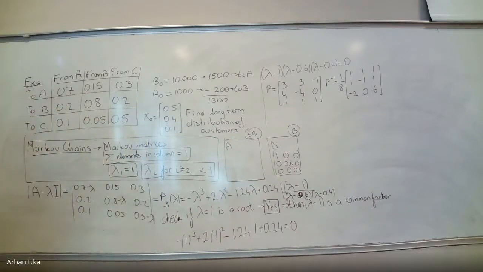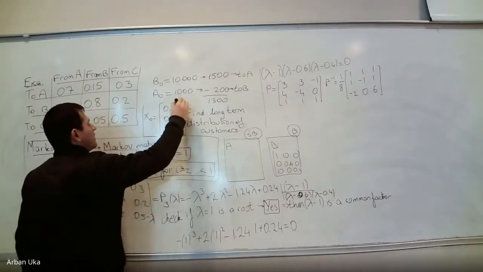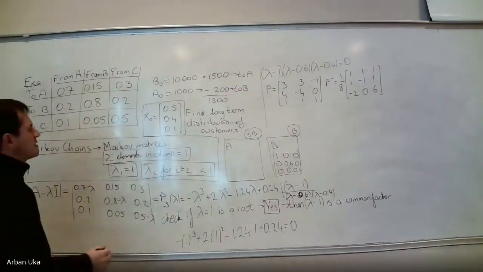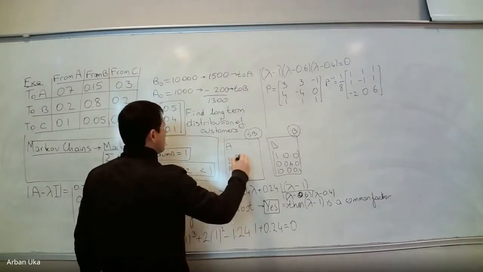And then the next question is trying to see how these customers move from one counter to the other. And since we know the initial condition, which is 0.5, 0.4, and 0.1, which is here, a very smart move, so this is 1 over 10 times 5, 4, 1.